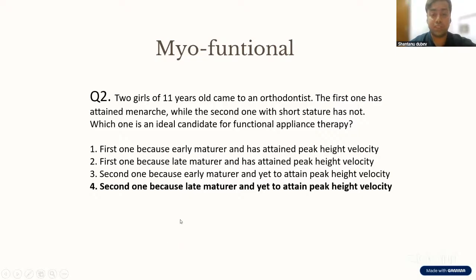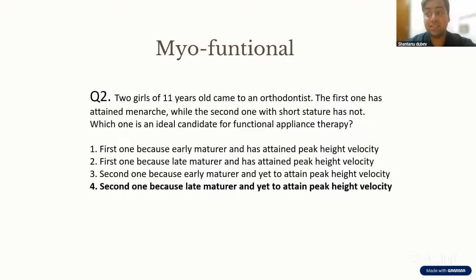The third and the fourth options: the third one says the second girl is an early maturer. Well, if she is an early maturer, then why, at 11 years of age, has one girl matured and attained the menarche, while the second one has still not attained the menarche?